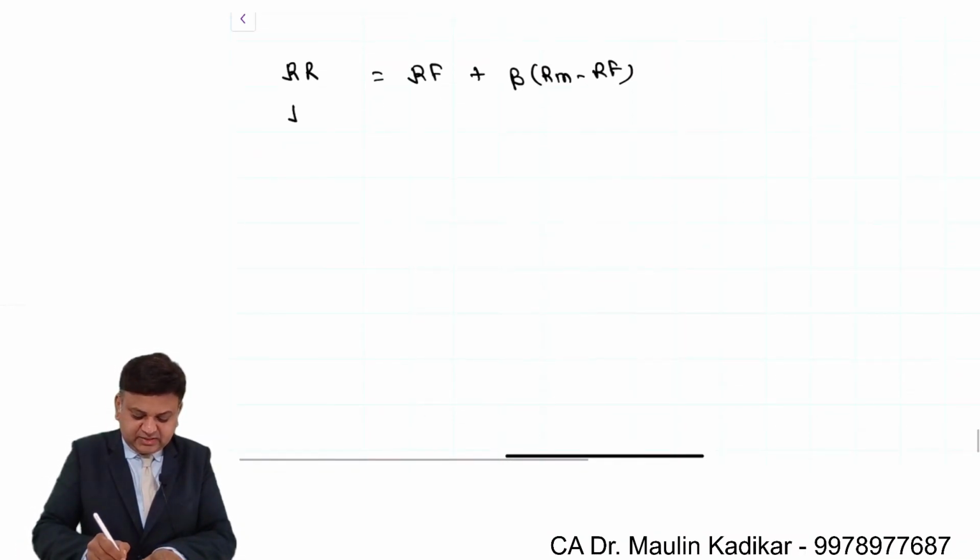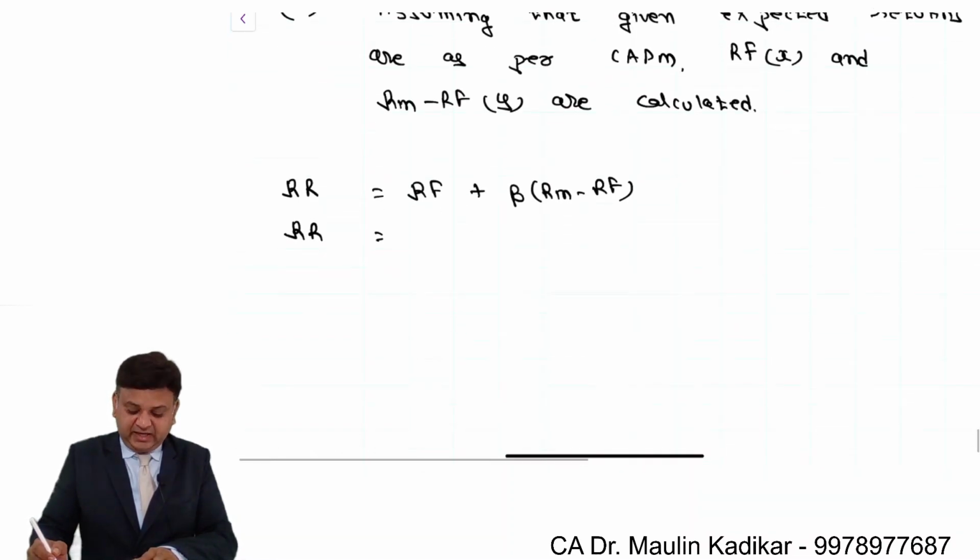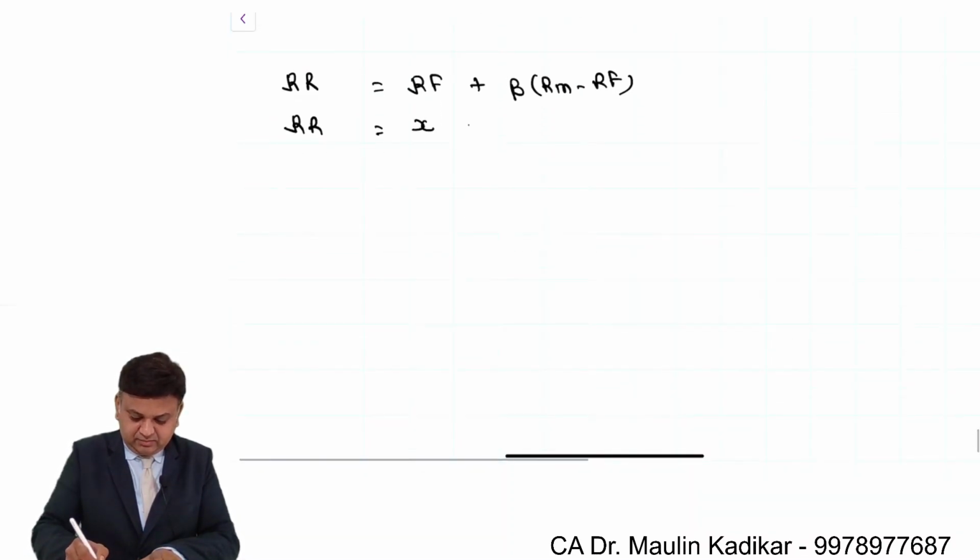So we understand that the required rate of return is equal to RF, which is assigned the X variable, plus beta into Y.